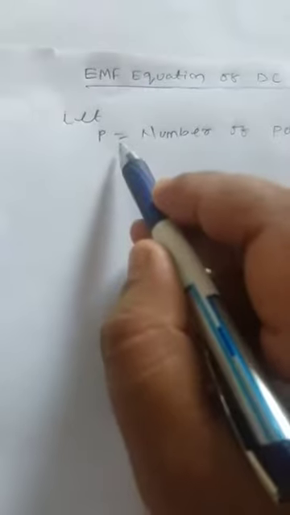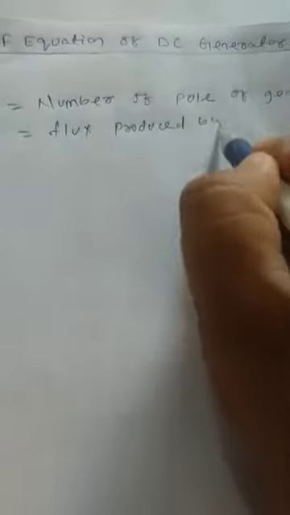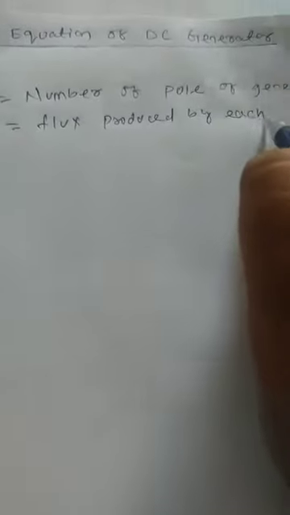Before we derive, let us first define some terms. P equals the number of poles in the generator. Phi is the flux produced by each pole, in Weber.